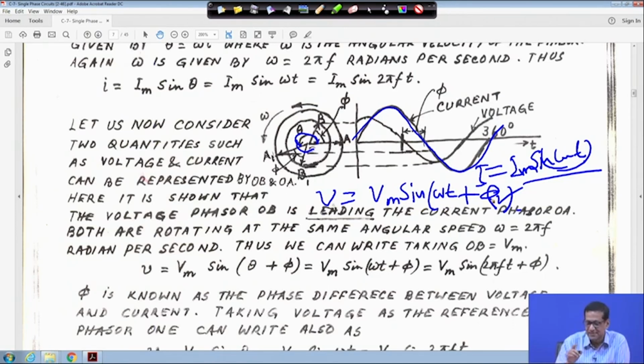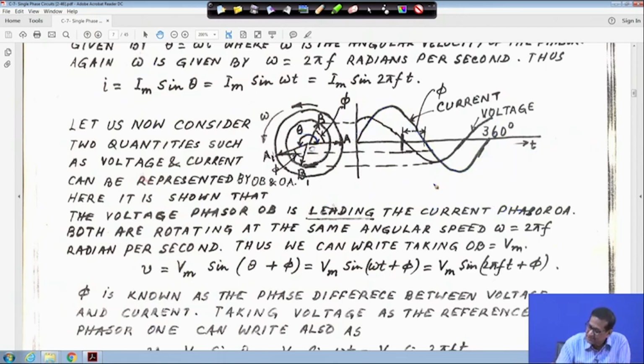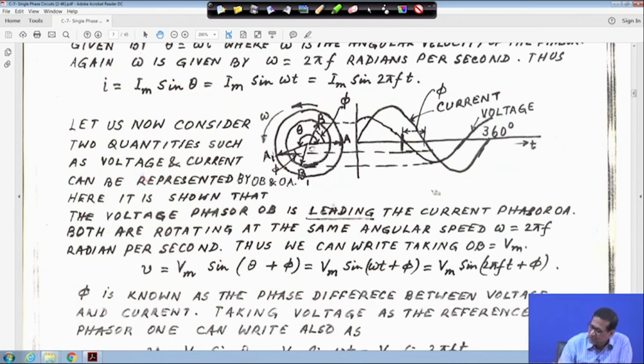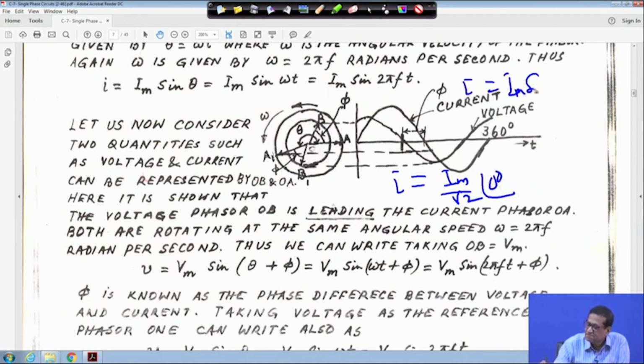That means in phasor form, suppose we are writing I is equal to Im sin omega t. My RMS value is Im by root 2, this is the RMS value of the current, right. So we can write I is equal to Im by root 2 with angle 0 degree, because I is equal to Im sin omega t, nothing else is there with that.